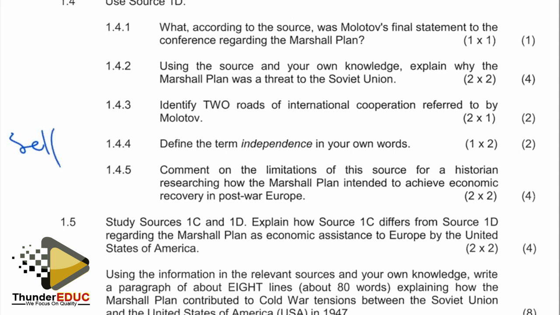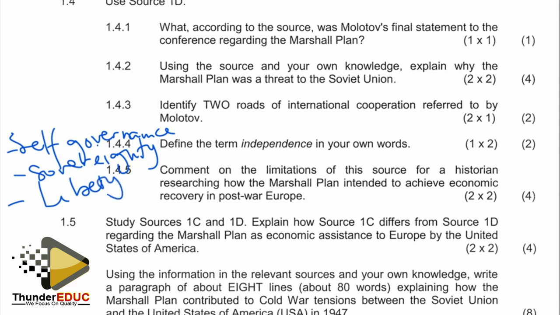I can define it as self-governance, and then further elaborate on what self-governance is. Or I can define it as sovereignty, or as a state of liberty, or as unconditional freedom.